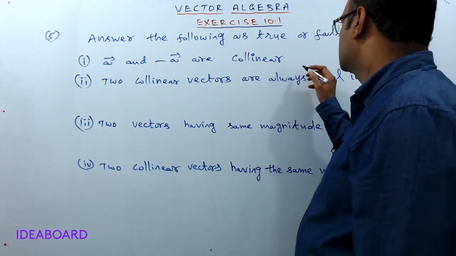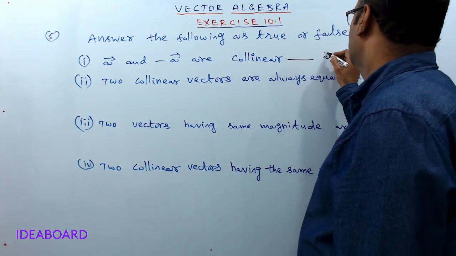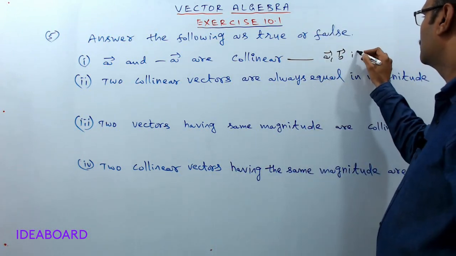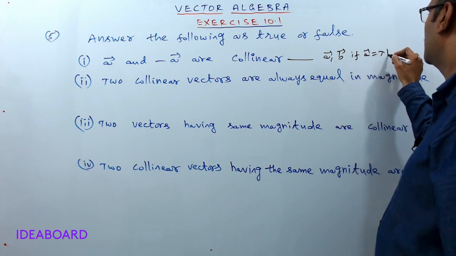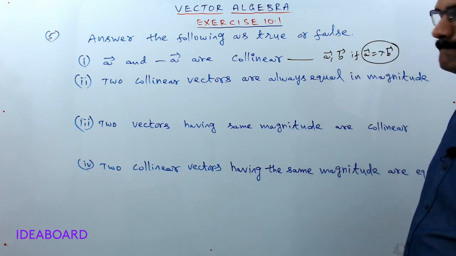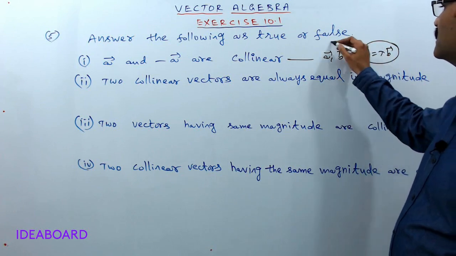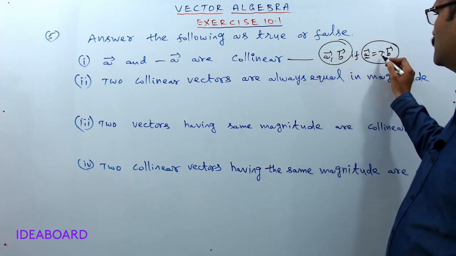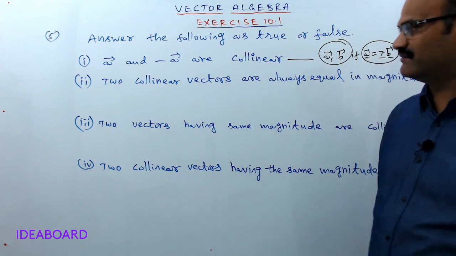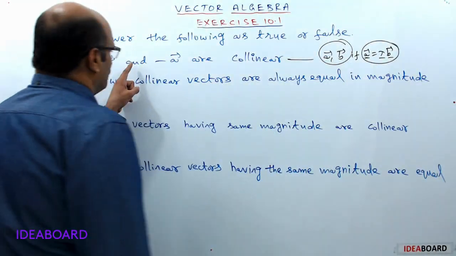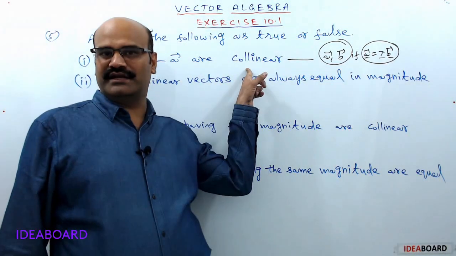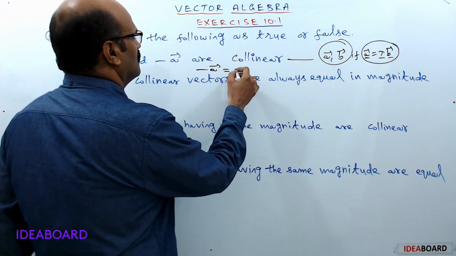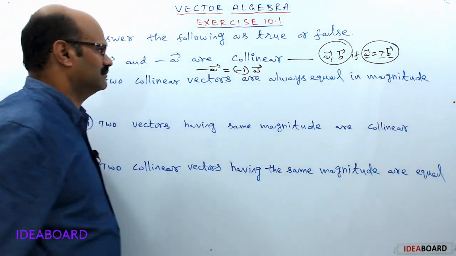Two vectors A and B are said to be collinear if vector A equals lambda times vector B. It's given that vector A and minus vector A are collinear. Clearly we can take it as minus vector A equals minus 1 times vector A.